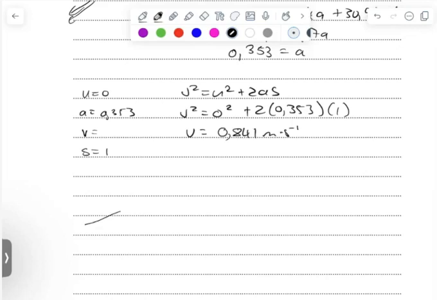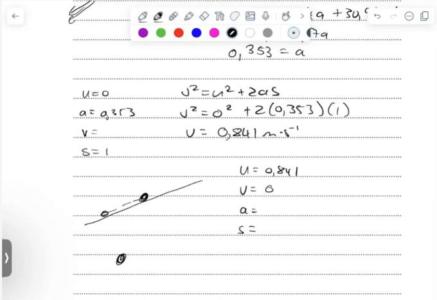So that's at the point, so it's already now gone up the hill. Now it's got an initial velocity of 0.841. We know it's got a final velocity of 0. We're going to have to calculate our acceleration or our deceleration and our distance. Okay, so the deceleration, let's now look at the forces on this particle.